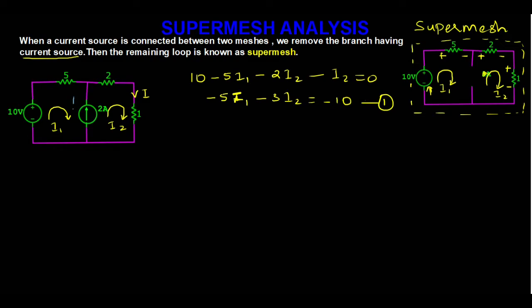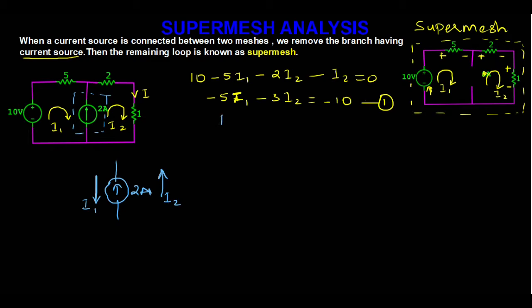See here, this is our current source, the 2 amp current source. I'll draw it here. Now if we see the direction, I2 is flowing in the same direction as the 2 amps, but I1's direction is opposite to it. Now, how do I write the second equation?